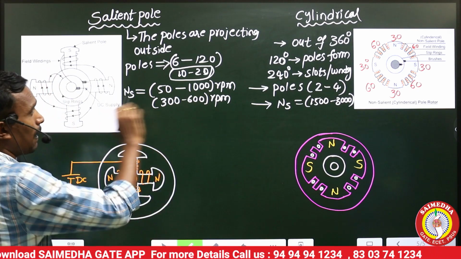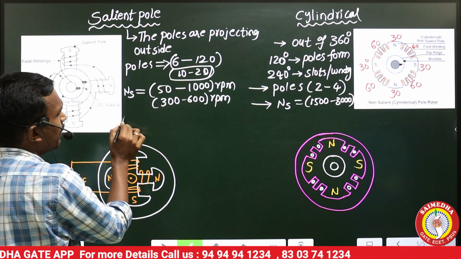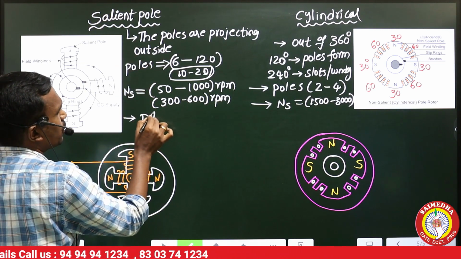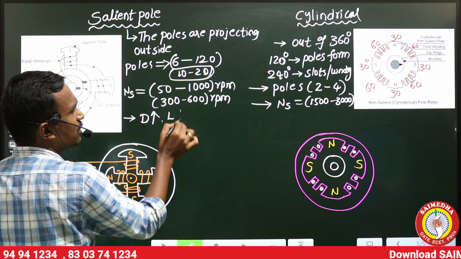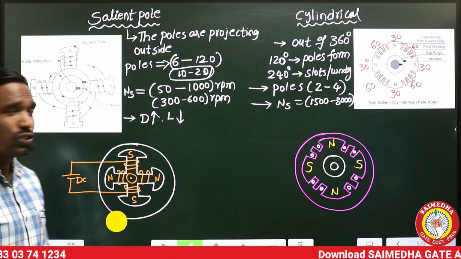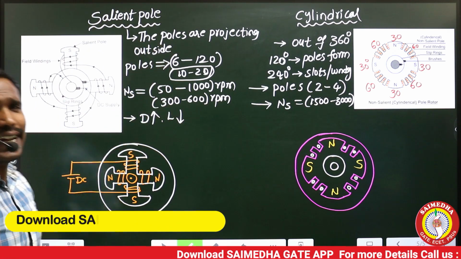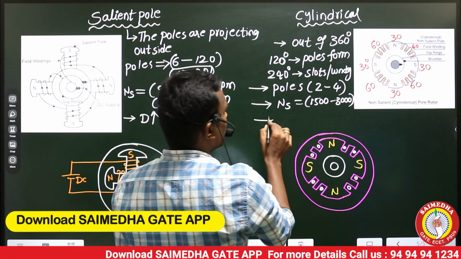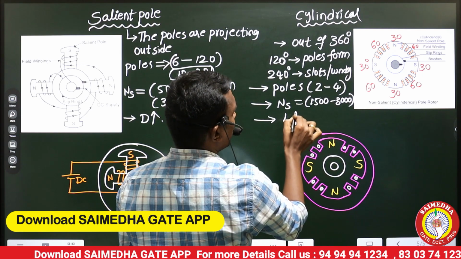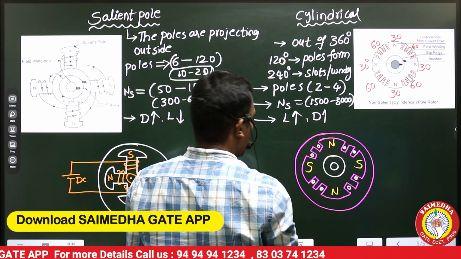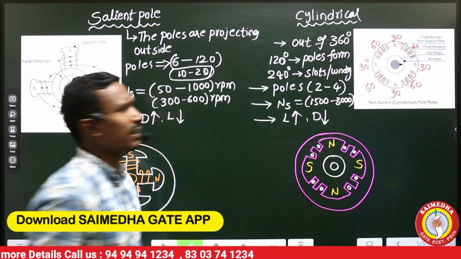Other than that, comparatively, the diameter of the salient pole machine is much greater than the axial length. Generally in this machine, the diameter is much greater than the axial length. Coming to the cylindrical type, the axial length of the machine is much greater than the rotor diameter.